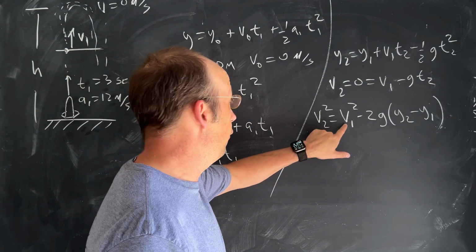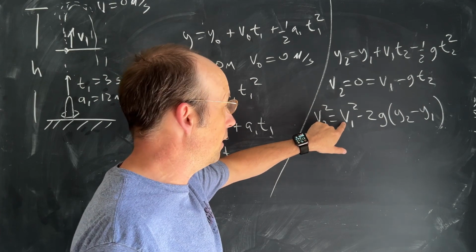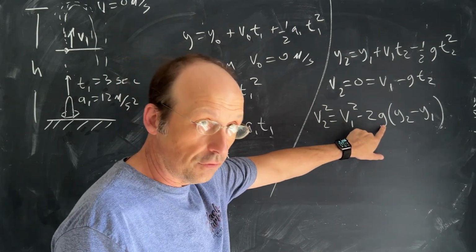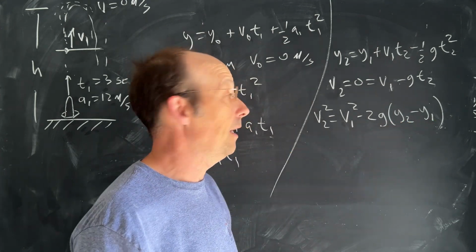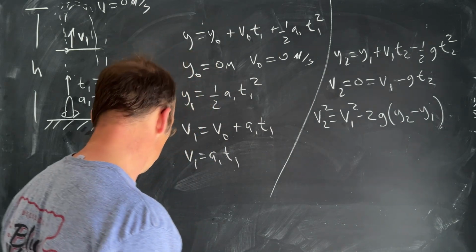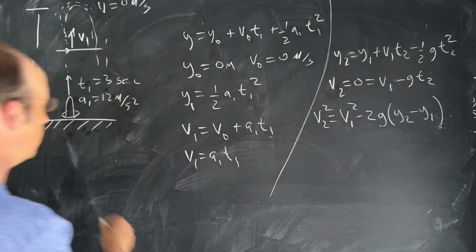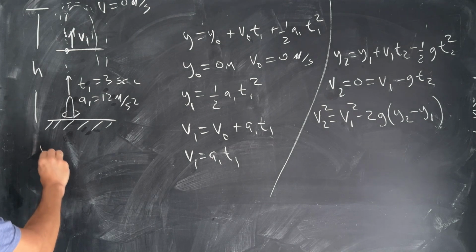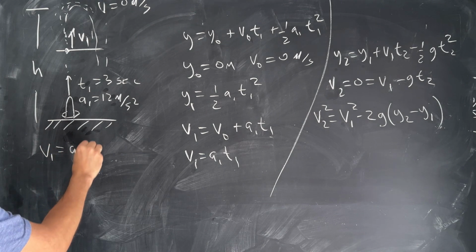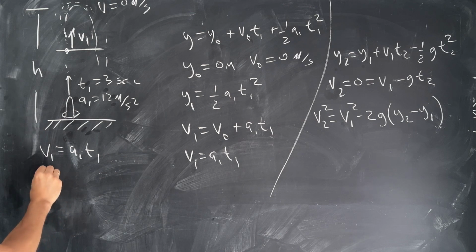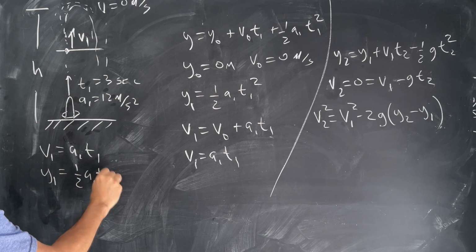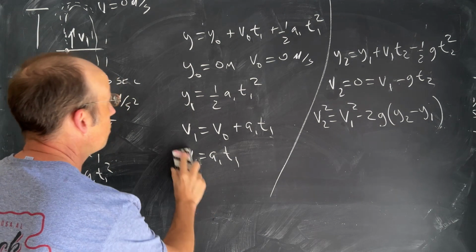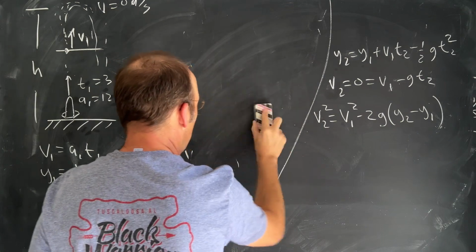In this case, v1 is the velocity at the beginning of that time interval with an acceleration of negative g. y2 is the final height, y1 is the starting height, and I want to solve for y2. So let me put some of this stuff over here: v1 equals a1 t1, y1 equals 1/2 a1 t1 squared. Let's put in our values.